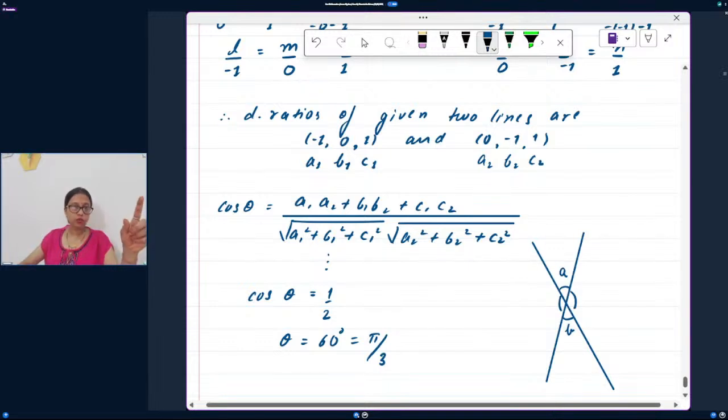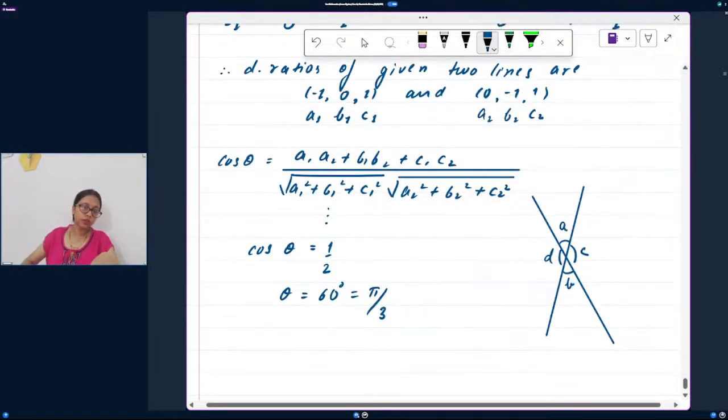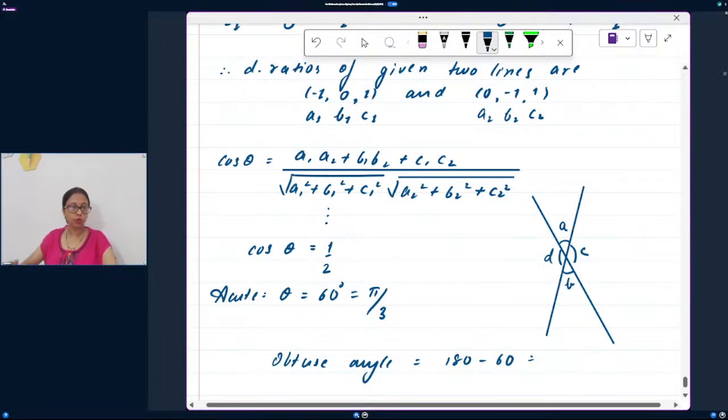So if the question is asking to find the obtuse angle, then you will end up having this 60 degrees, and then you find the linear pair. This is acute, so the obtuse angle you will find by 180 minus 60. That will be your obtuse angle.